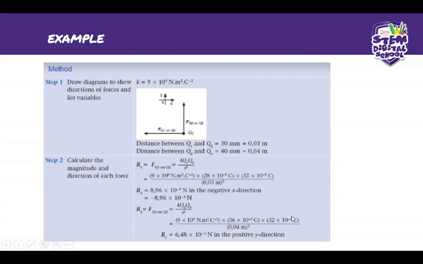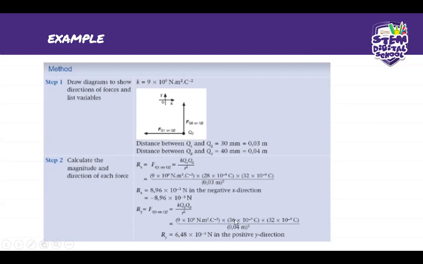We're going to put the individual forces, and never forget the constant, guys. Without the constant, your answer is absolutely wrong.